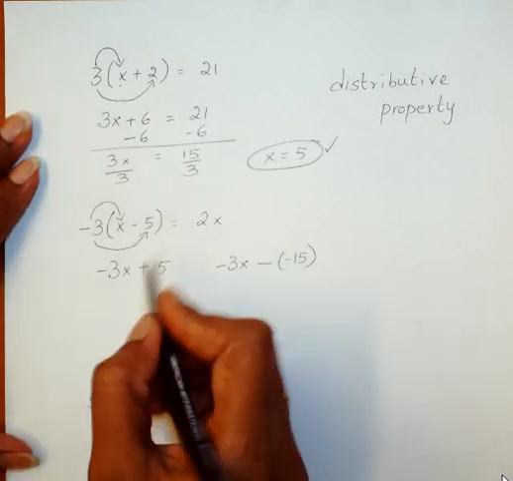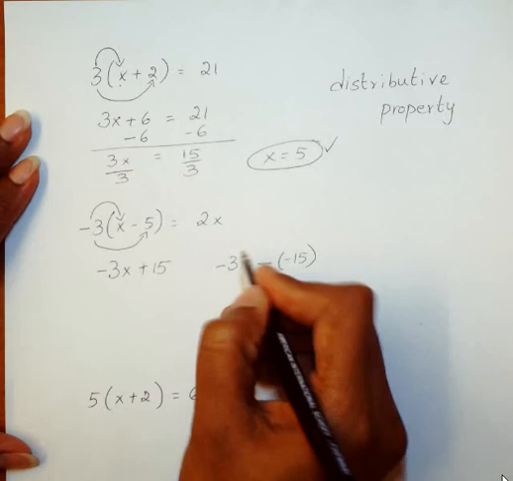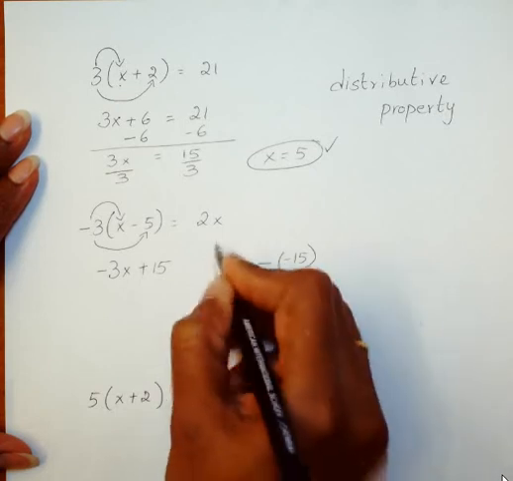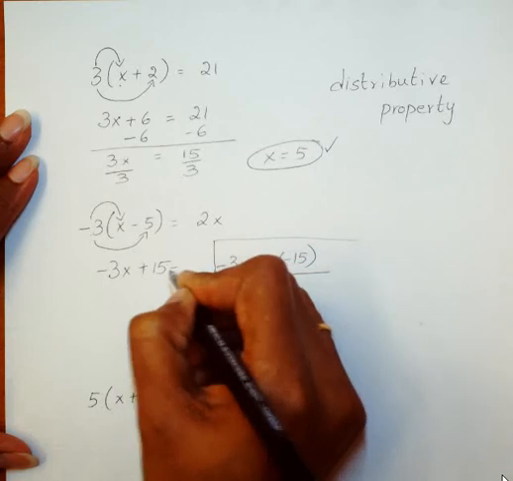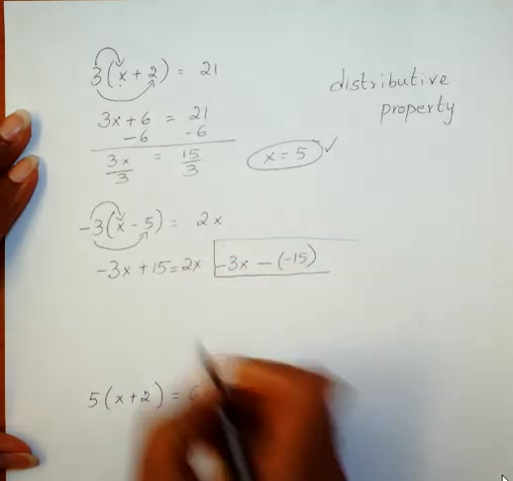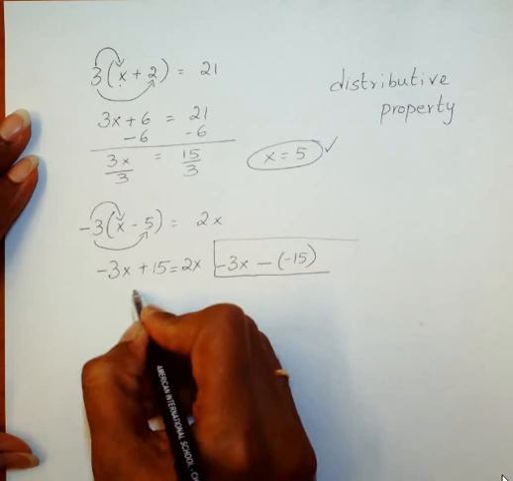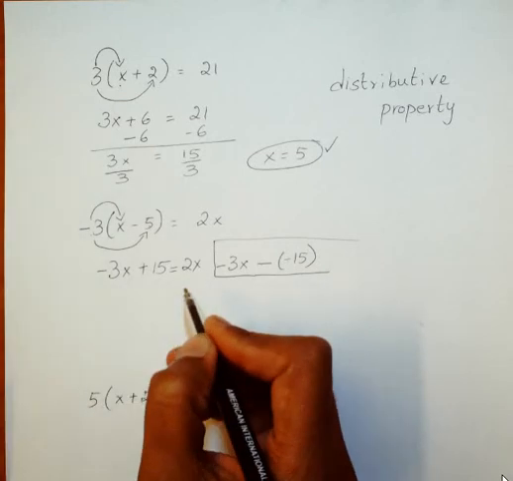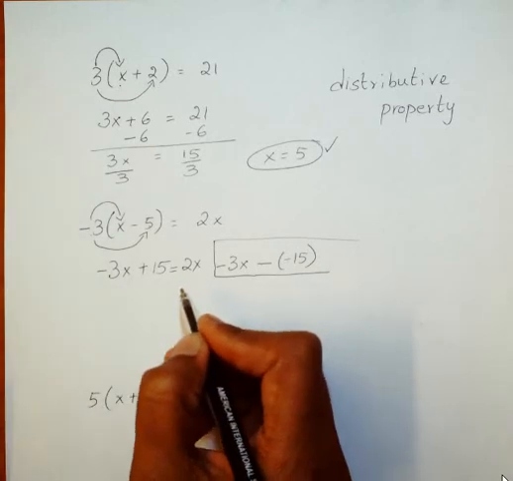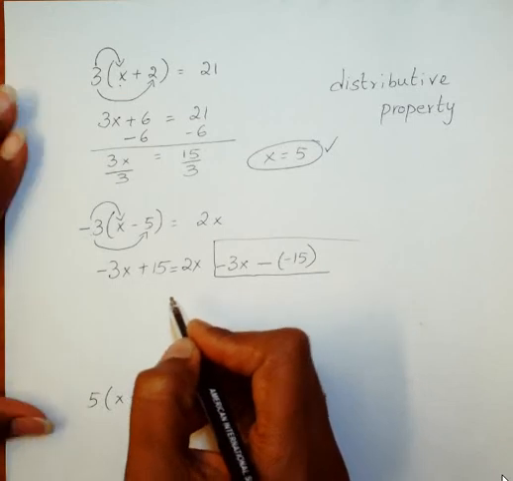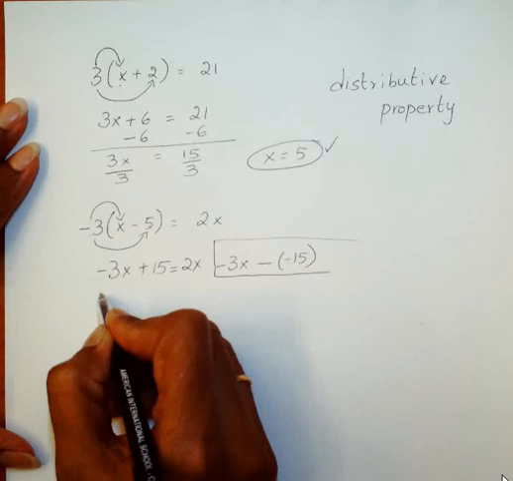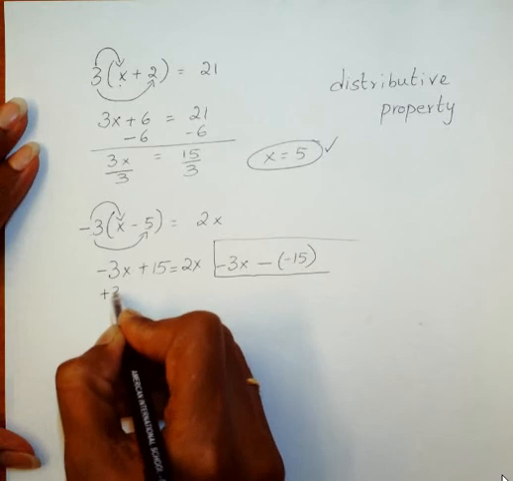So if we go ahead and solve this, I'm going to draw a line here so we're not confused. This is equal to 2x, and then you do the same thing, but this time it's a little bit different because I have variables on both sides. I want to move the variable on one side and have the numbers on the other side. So I'm going to add 3x because this is negative 3x.